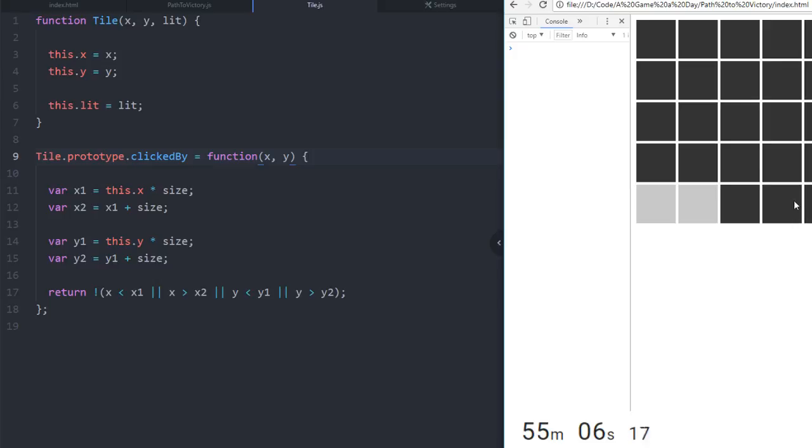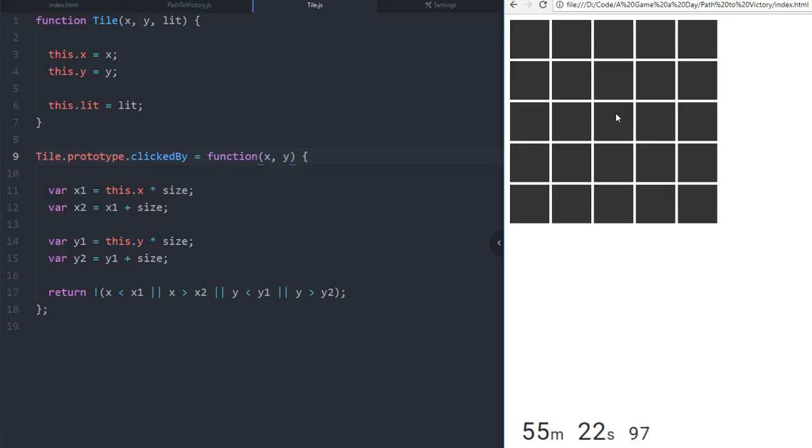Okay, so I'd like to address this. Let's wait for this to complete its animation and everything. There we go. Nice. So let's look at the middle one. This x1 right here is this.x times size.